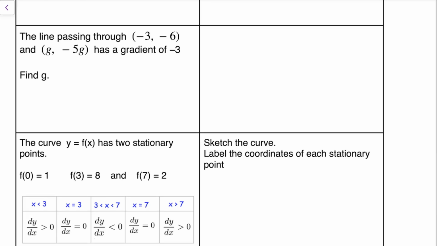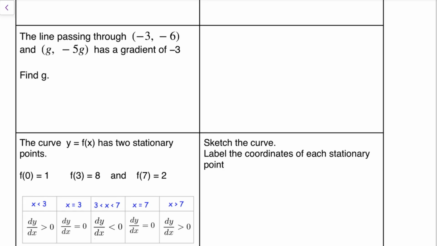Next question. A line passing through -3, -6, and g, -5g has a gradient of 3, find g. Oh, it's going to have quite a lot of negatives in it, isn't it? Okay, let's set it up. So let's do it the other way around.